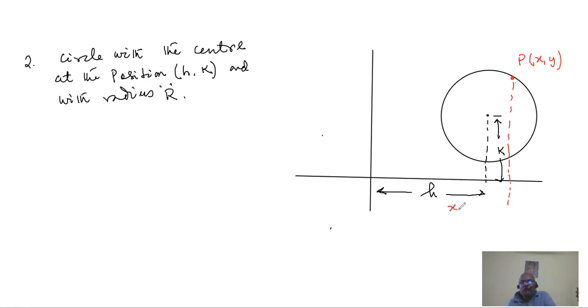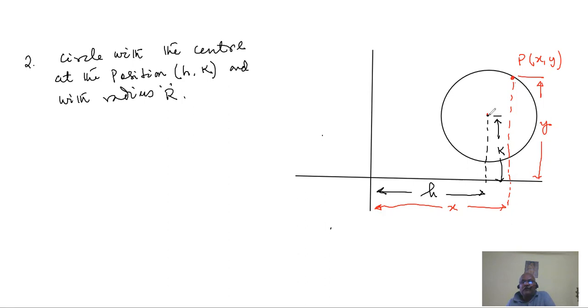This will be our x and that will be our y. Okay. So here we have shown the center's coordinates as well as the coordinates of an arbitrary point which is selected on the circle. The point P can be taken anywhere as you like.